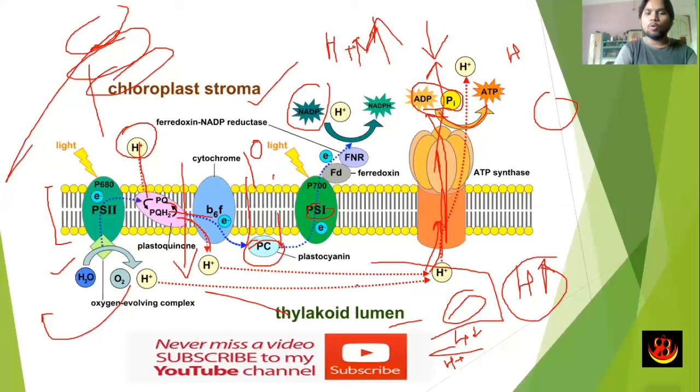Because of this proton motive force, the ATP synthase complex will produce one ATP by adding one ADP with one inorganic phosphate, that is adenosine triphosphate.